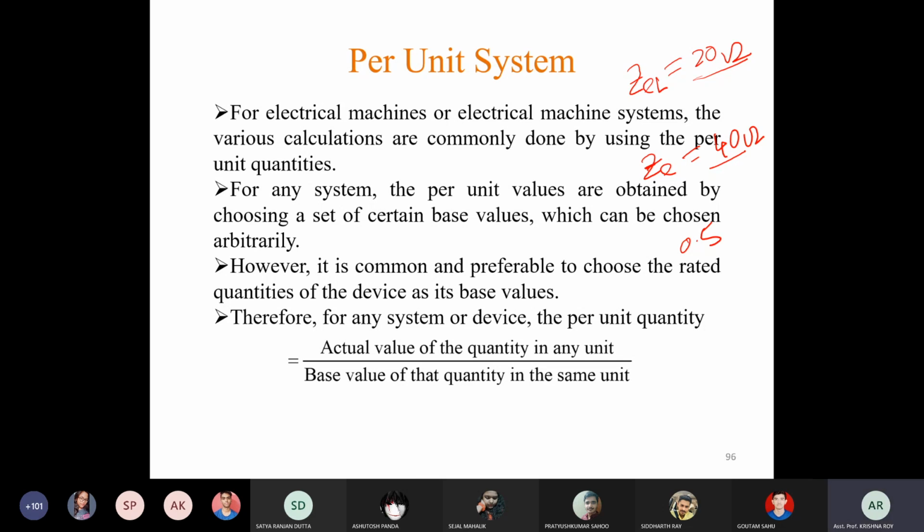So normally these base values of any system are taken as the rated quantities. In case of a transformer, the rated quantities are primary side voltage, secondary side voltage, and power rating, that is the kVA rating. So we have to take the base quantities as these quantities only. Okay, so let us see.